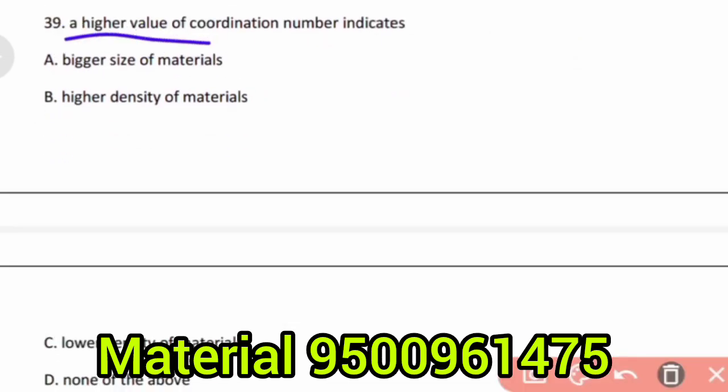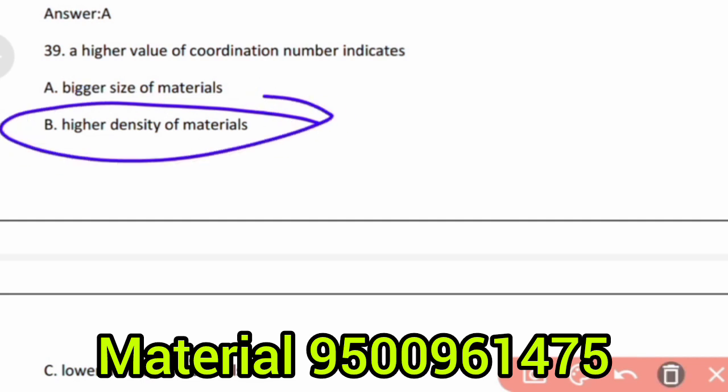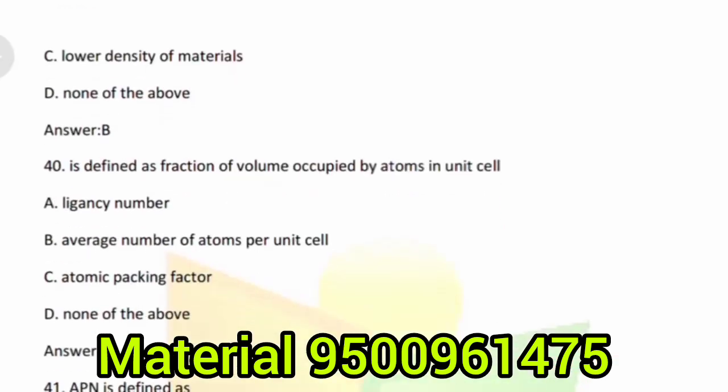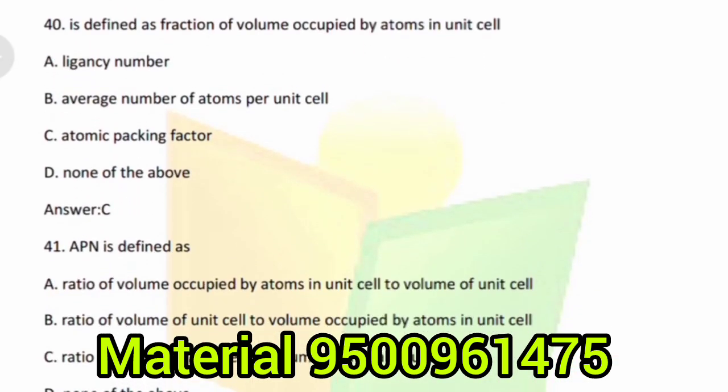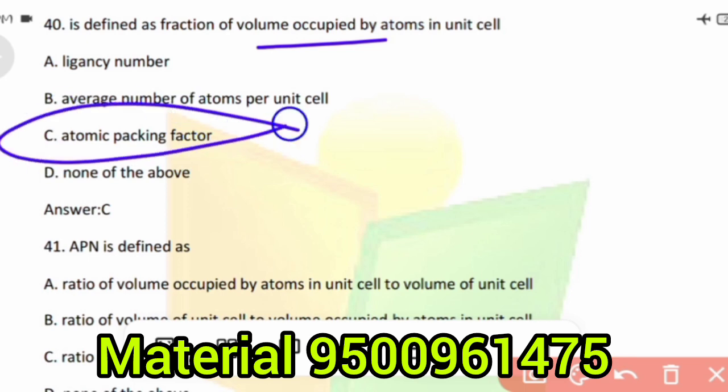A higher value of coordination number indicates, option B, higher density of materials. What is defined as the volume occupied by atoms in a unit cell? Option C, atomic packing factor.